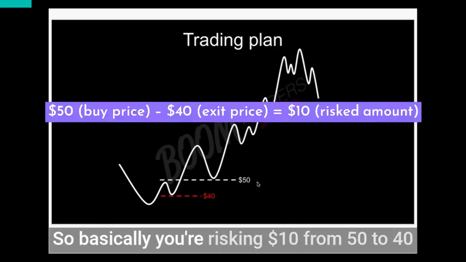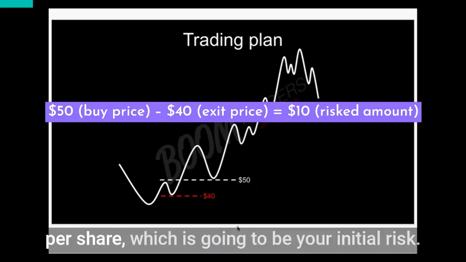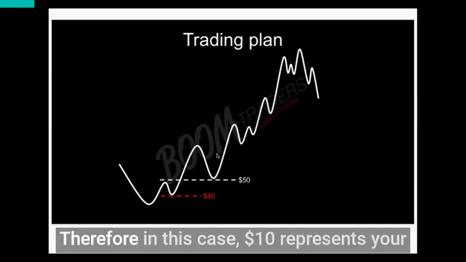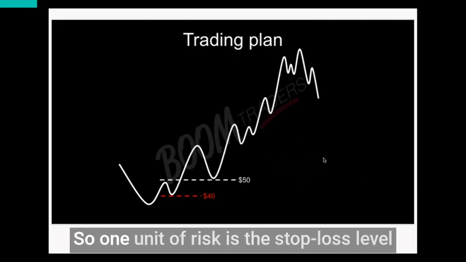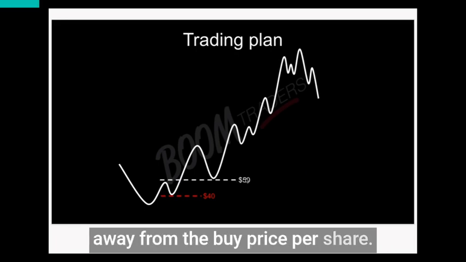So basically you're risking $10 from 50 to 40 per share, which is going to be your initial risk. Therefore, in this case, $10 represents your 1R. So we call this 1R, or 1 unit of risk. So 1 unit of risk is the stop loss level away from the buy price per share.